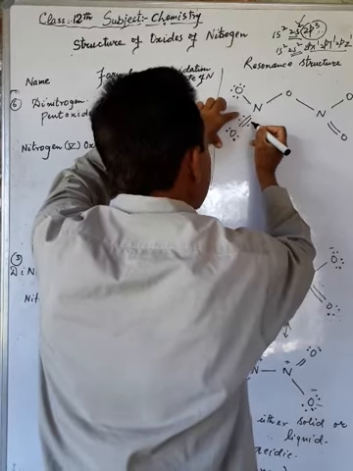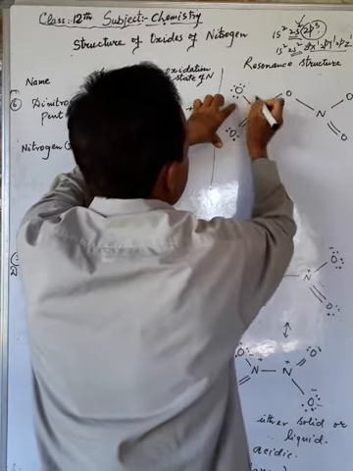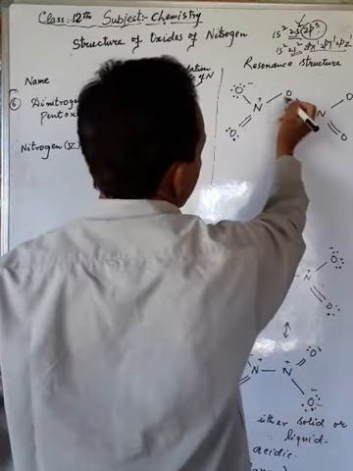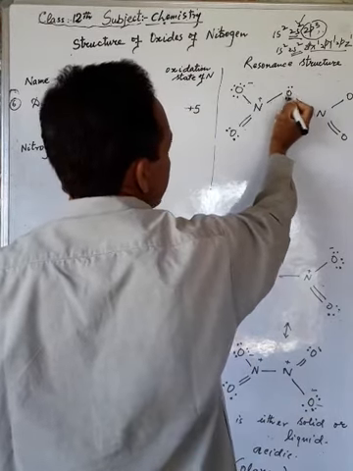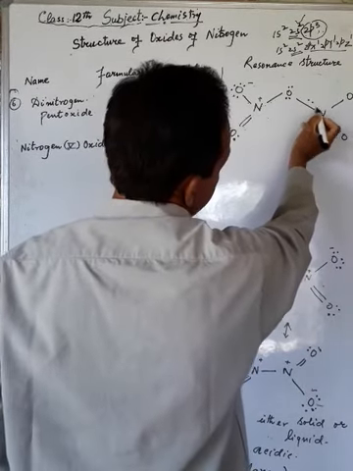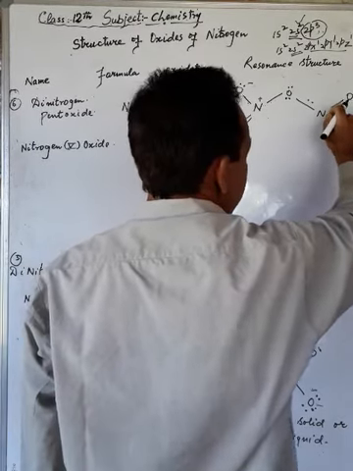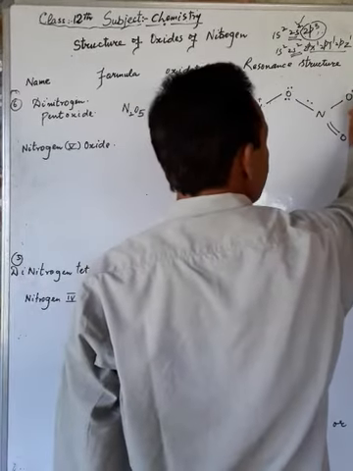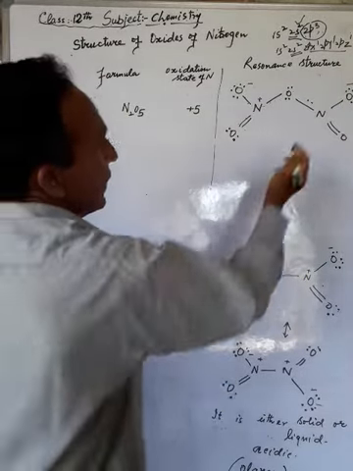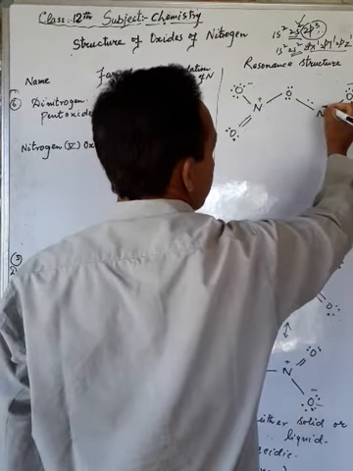तो 2 और इस बॉन्ड के 2 और 2, 4, 6 और 8, तो 8 इलेक्ट्रॉन्स। लेकिन ये इलेक्ट्रॉन पेयर जो है ये नाइट्रोजन का है, नेगेटिव चार्ज तो पॉजिटिव चार्ज, 2, 4, 6 और 8, क्योंकि ये ऑक्सीजन जो है ये एक बार नाइट्रोजन के साथ और एक बार दूसरे नाइट्रोजन के साथ बनाता है, लाइक दिस। अब इस नाइट्रोजन के 2 और 6, 2, 4, 6 और 8, लेकिन ये लोन पेयर ऑफ द इलेक्ट्रॉन इस नाइट्रोजन का है, तो ऑक्सीजन को ऑलरेडी 6 इलेक्ट्रॉन है, तो ये डोनेट करता है, ये बॉन्ड बनाता है इस ऑक्सीजन के साथ, and these are the electrons of this nitrogen, so it develops positive charge.